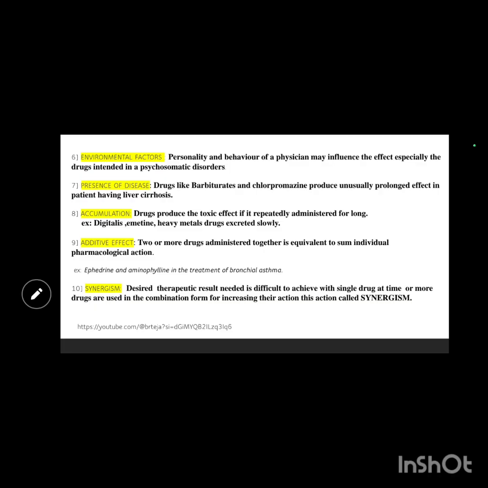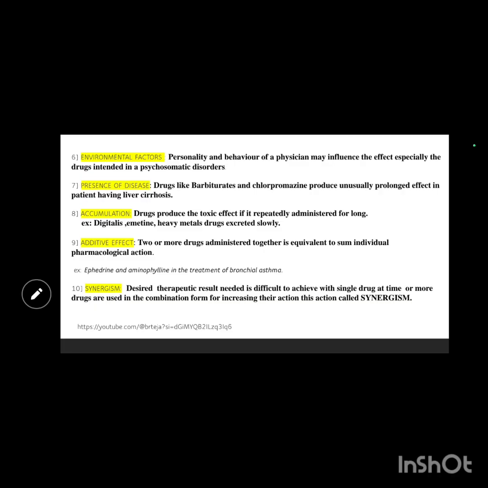This is called accumulation. Next, additive effect. Two or more drugs administered together produce an effect equivalent to the sum of their individual pharmacological actions.